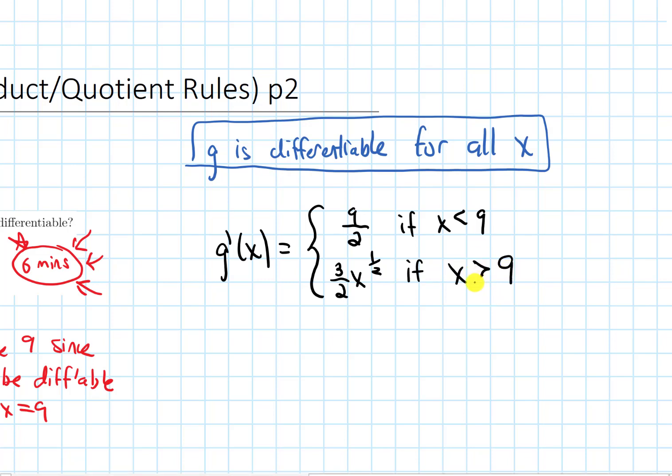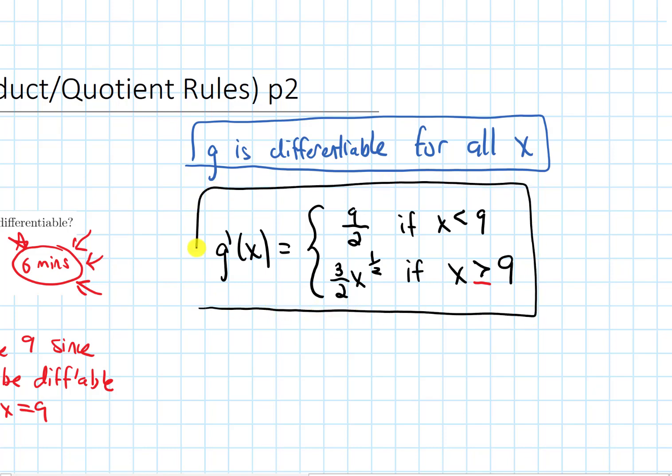So I do get to put an equal sign here. It technically doesn't matter if I put it on the bottom piece or the top piece, because I know that they perfectly sort of meet. All right, I'm just putting it on the bottom piece because that's where it was in the original piecewise function. And that is my derivative.